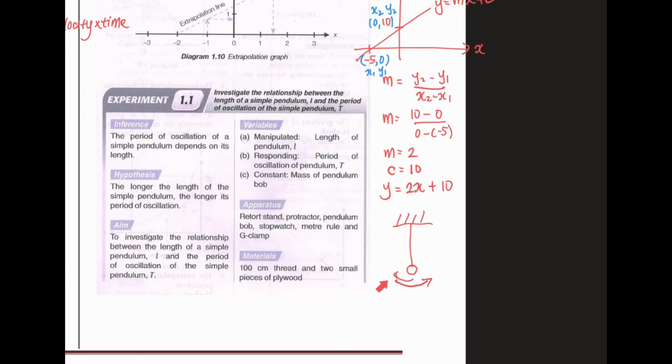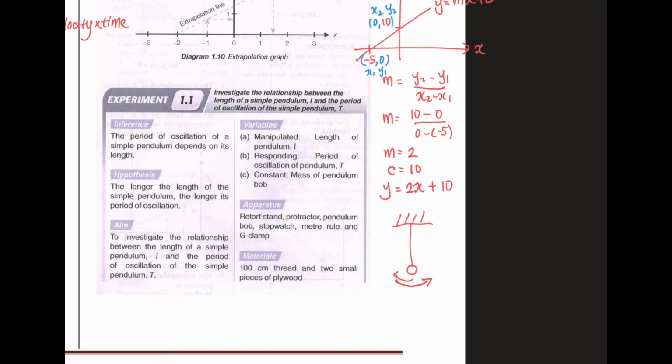Of course you should be able to predict that if it's very long, maybe through observation you see that it will take a longer time for one period. That is based on maybe past experiments or observations before. So you should know that.